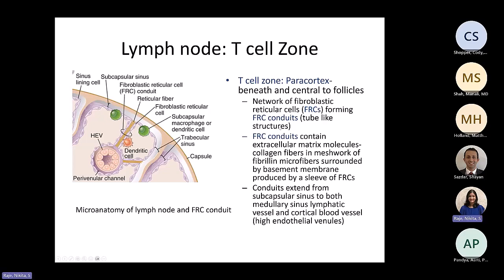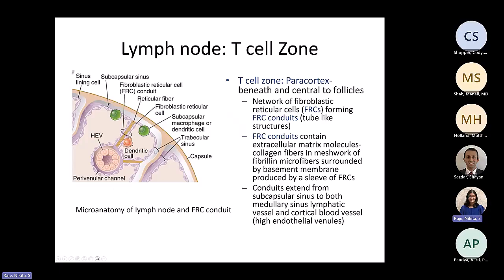All right, so what do these conduits do? They contain extracellular matrix molecules or collagen fibers that again have a layer of basement membrane around them. These extend from the subcapsular sinus and then move on up to the medullary sinus of the lymphatic vessel.